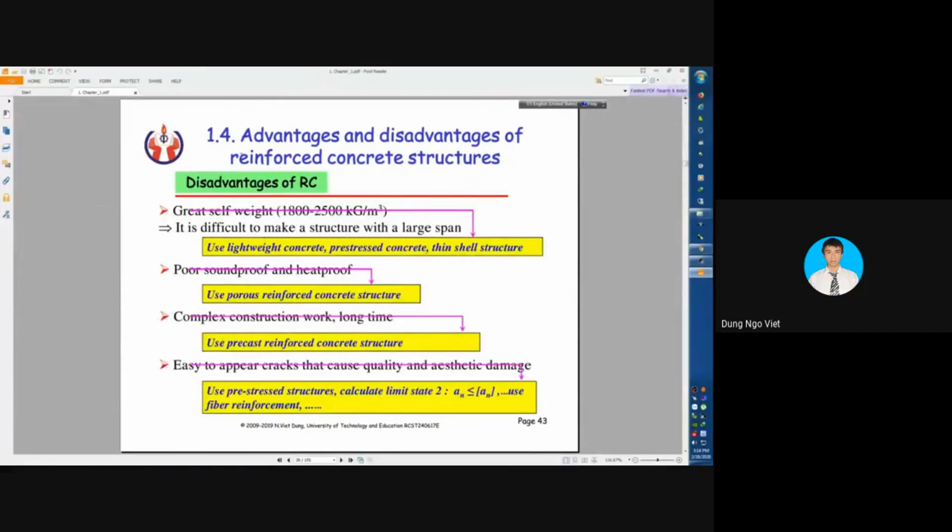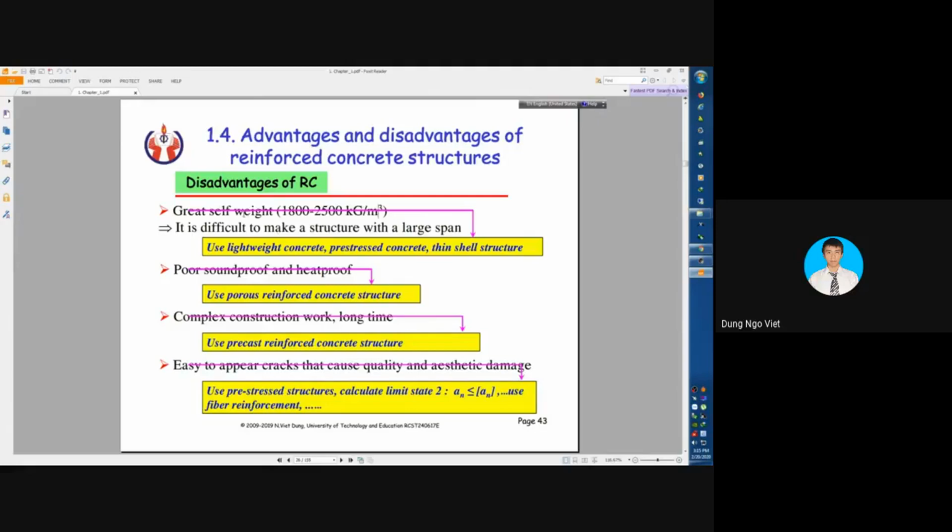And here are the disadvantages of reinforced concrete structures. The first one is the great self weight. That means the reinforced concrete structure's self weight is very heavy, about 1,800 to 2,500 kilogram per cubic meter.